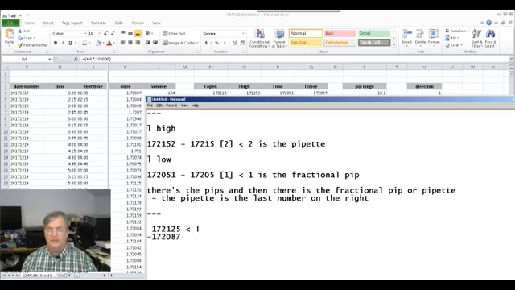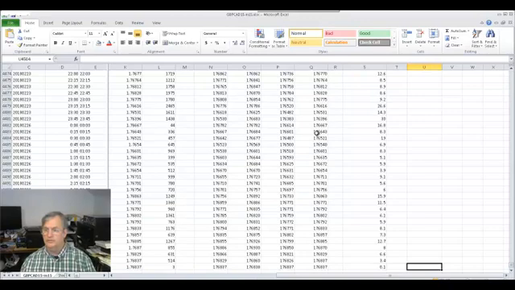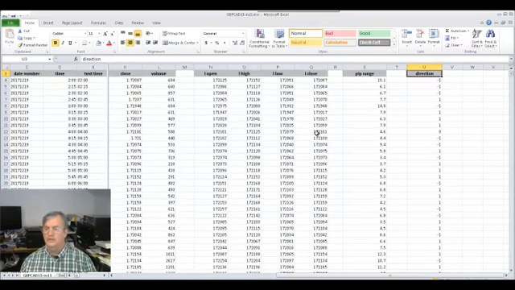This right here is L open, and this right here is L close. If open is greater than close, then that means price is moving down. When we go back to Excel, we see that the direction is -1, which is perfect. So I'm going to copy that formula all the way down, and there we have it.